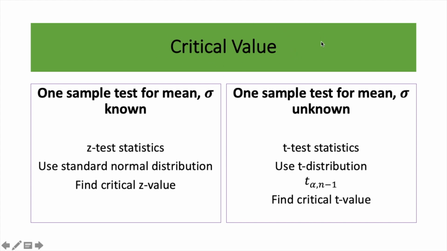Let me shed some light on the critical value. Remember, when the sigma is known, we are going to use the Z test statistic. For the critical value, we will use the standard normal distribution, and we find the Z value. When the standard deviation of the population is unknown, we are going to use the t-test statistic, so we will use the t-distribution.